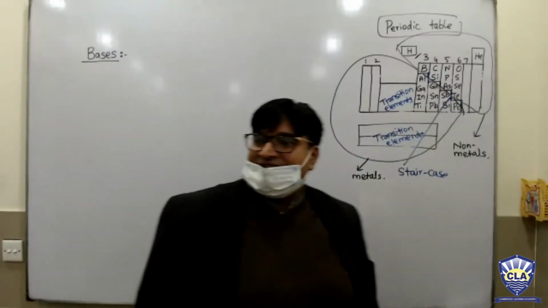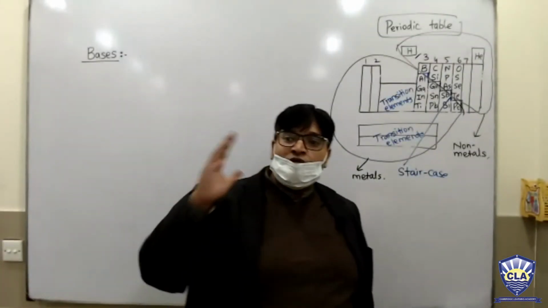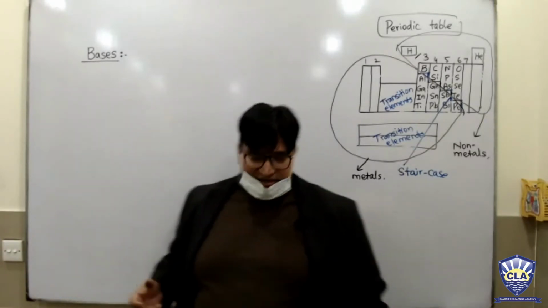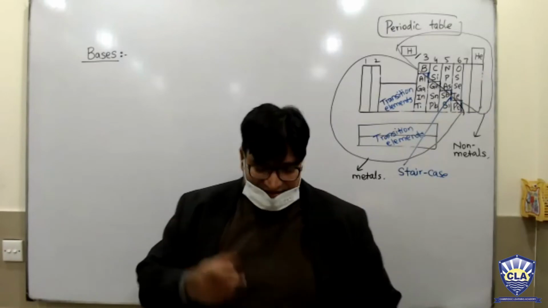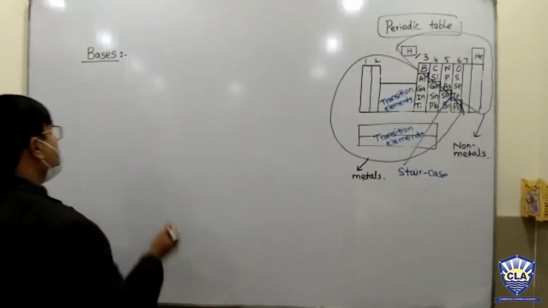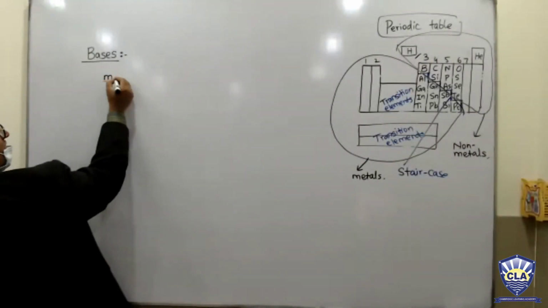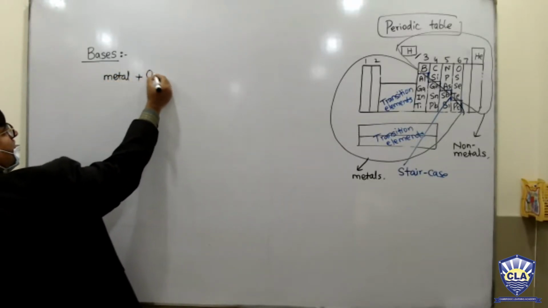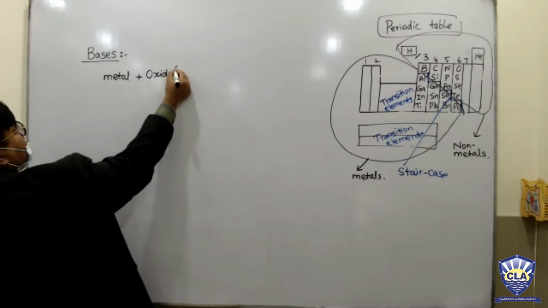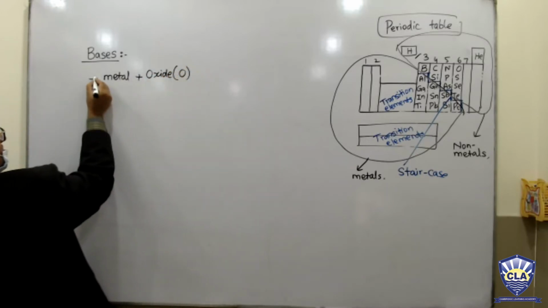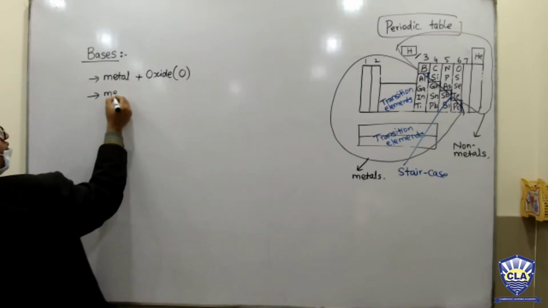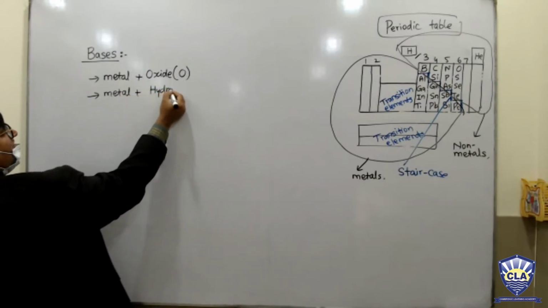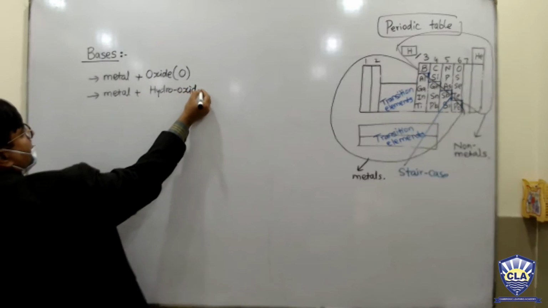So this is a common mistake most of the students do. If somebody asks you what are bases, keep in mind, my dear students, if with the metal an element oxygen is attached, or with the metal the hydroxide is attached.